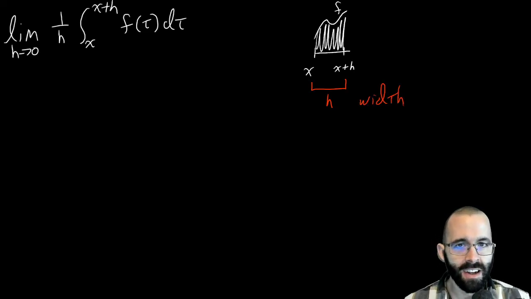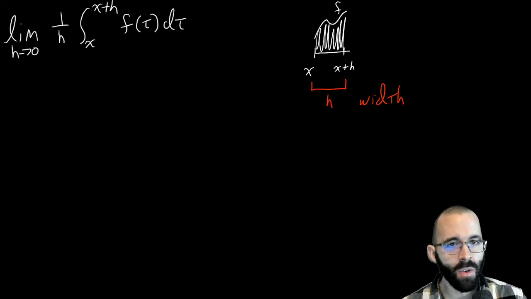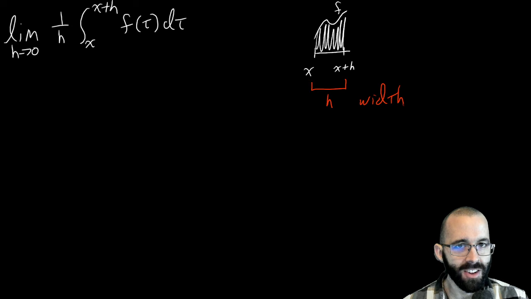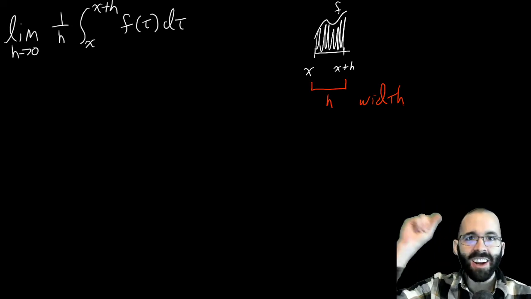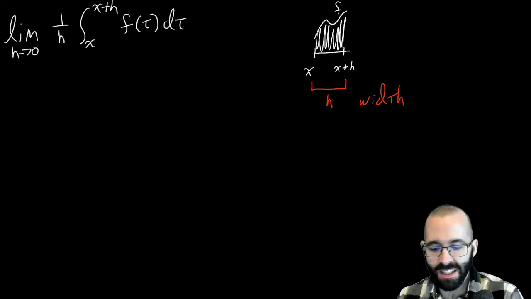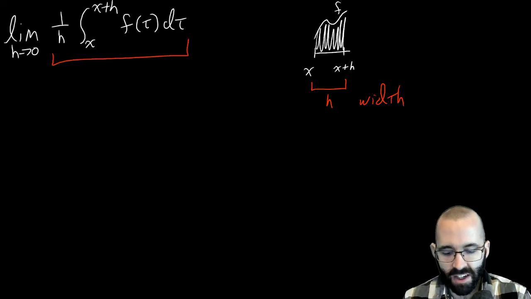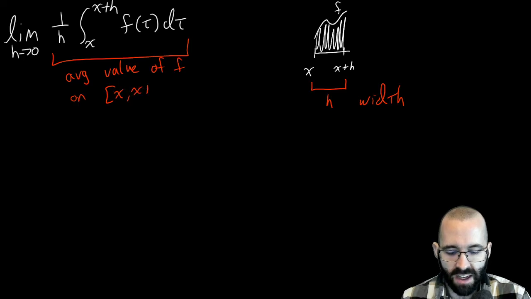So what is the area divided by the width? It's the average value. I told you it'd be coming back. The mean value theorem for integrals is coming back because this right here is the average value of f on the interval from x to x plus h.